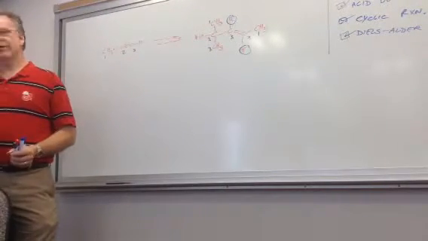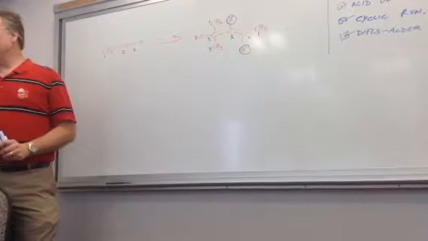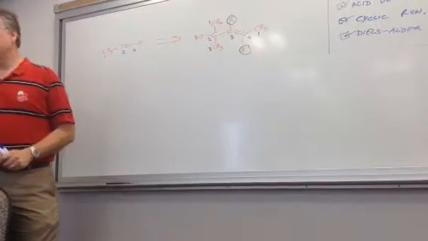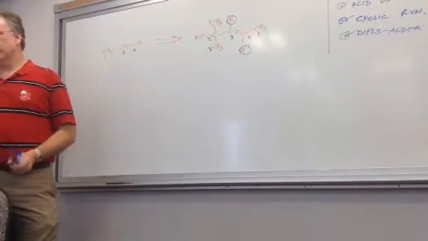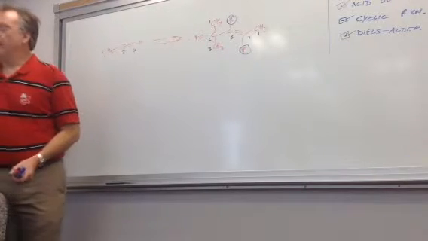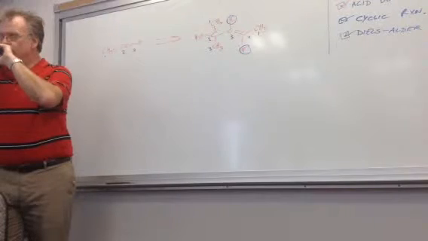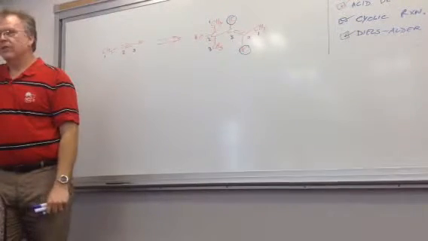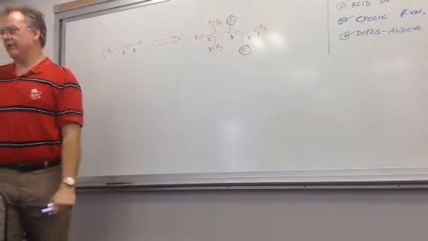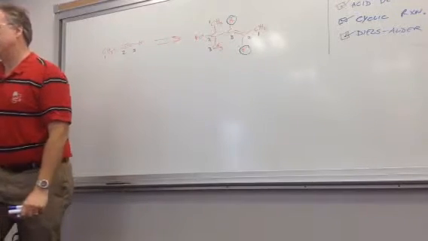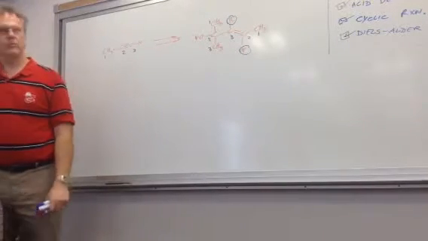Okay. Any ideas what we could do here? Yeah. So lithium and ammonia won't reduce the alkyne all the way? No, it stops at an alkene and makes the trans alkene.